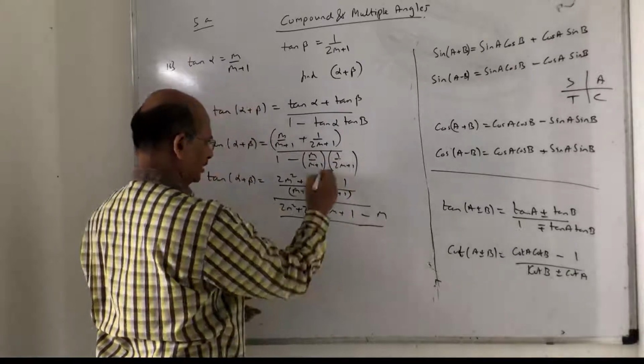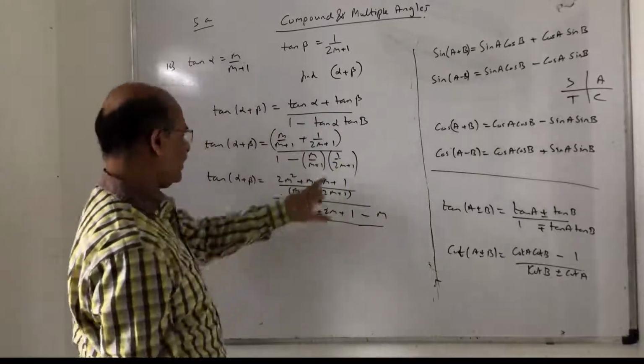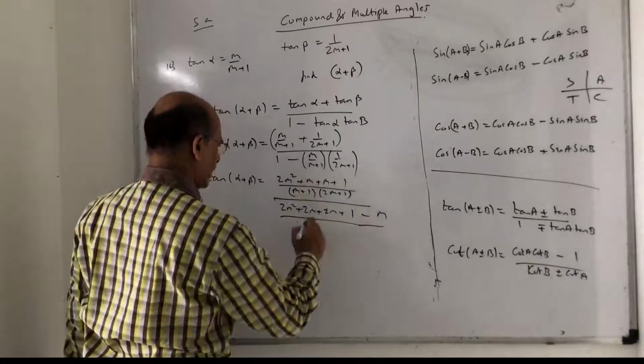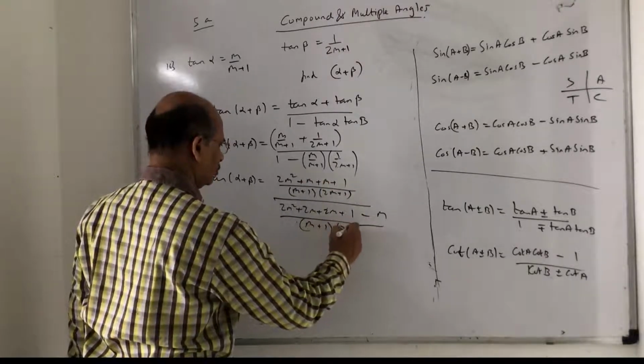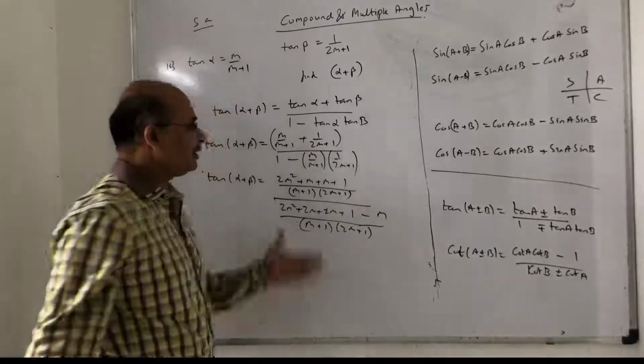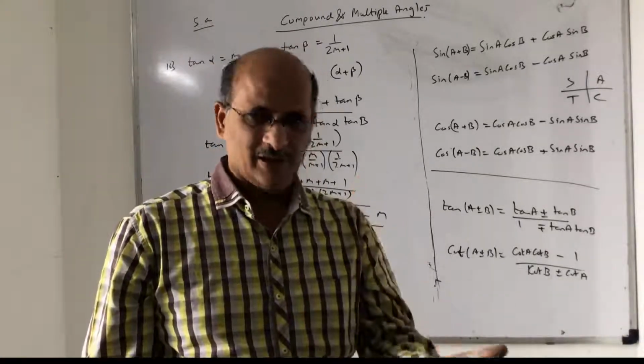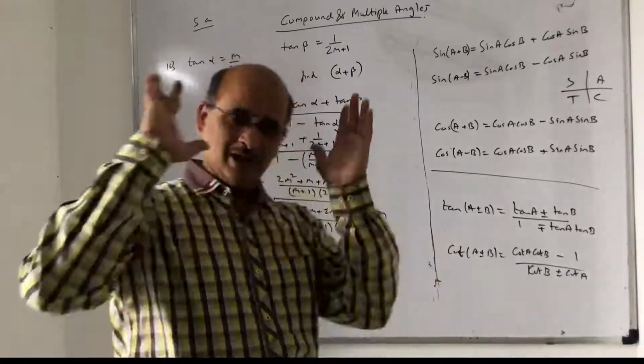This is the same you have to take, no? So 2m square plus 2m plus m plus 1, okay, upon what? m plus 1 into 2m plus 1. Basic math. See, the mathematics skills are involved. LCM, factorization, simplification. That's what in class 12 is required.